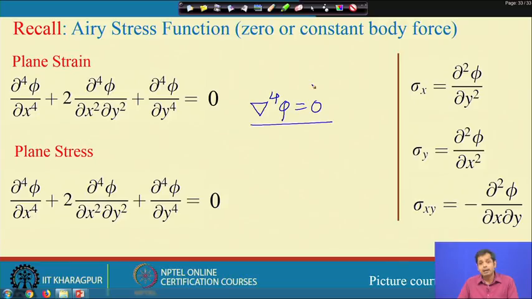We substitute that polynomial in this equation and also the boundary conditions available. Based on that, we try to find some relations between those constants and determine those constants using those relations. These steps will be clear as we demonstrate them through one example.